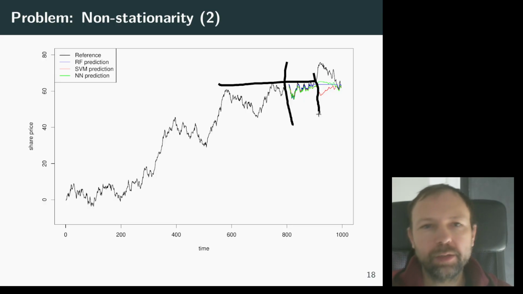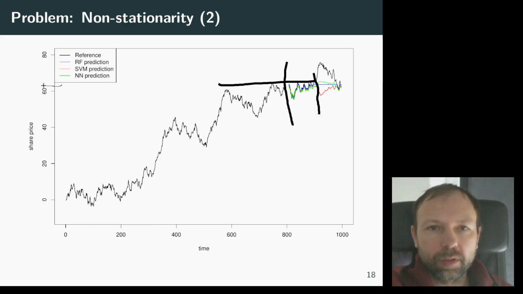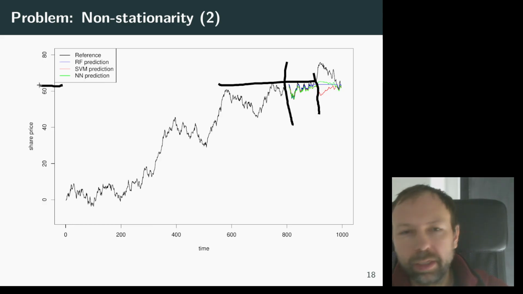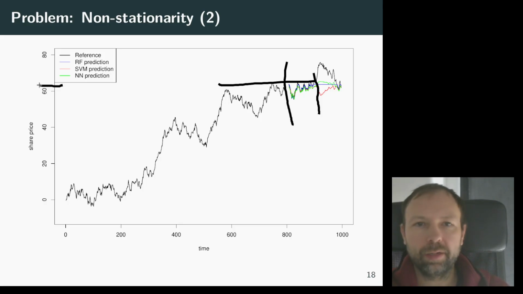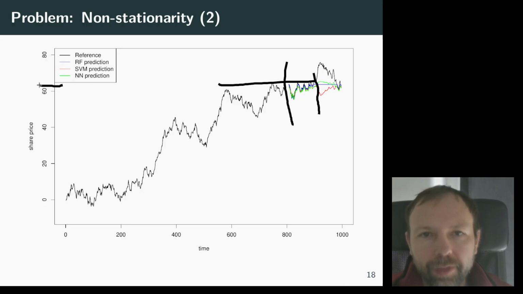And now we have values that are higher than anything we've ever seen in our training data set, right? In the training data set, we only saw values up to, I don't know, 63. And now I suddenly tell my neural network or my random forest, here, some inputs around 80, give me a forecast. Well, they've never seen that. They cannot predict out of that.